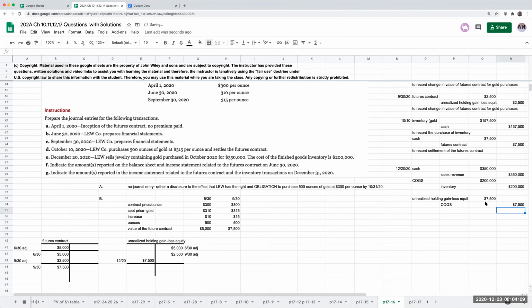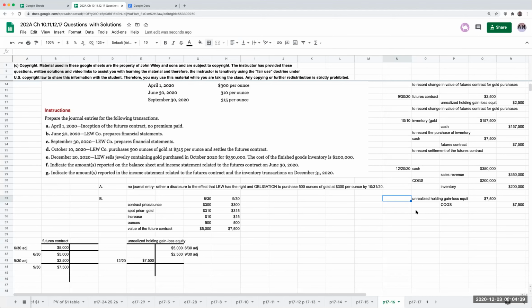At least that's what I think I'm going to do based on the prior examples, and let's just see if I'm close here. Yeah, so that's how I'm going to record it. Once I have sold the inventory, the unrealized holding gain or loss will go against cost of goods sold. Okay. All right, so that's as of December 31st, 2020.